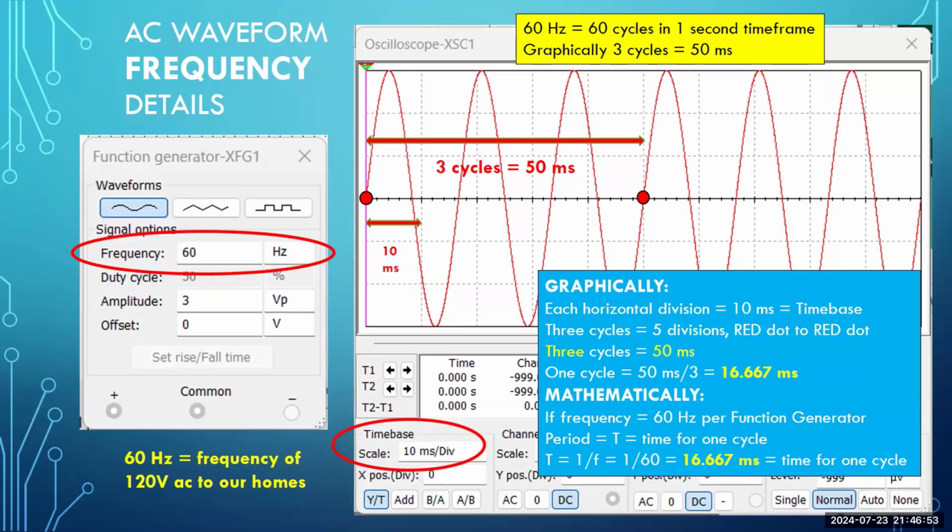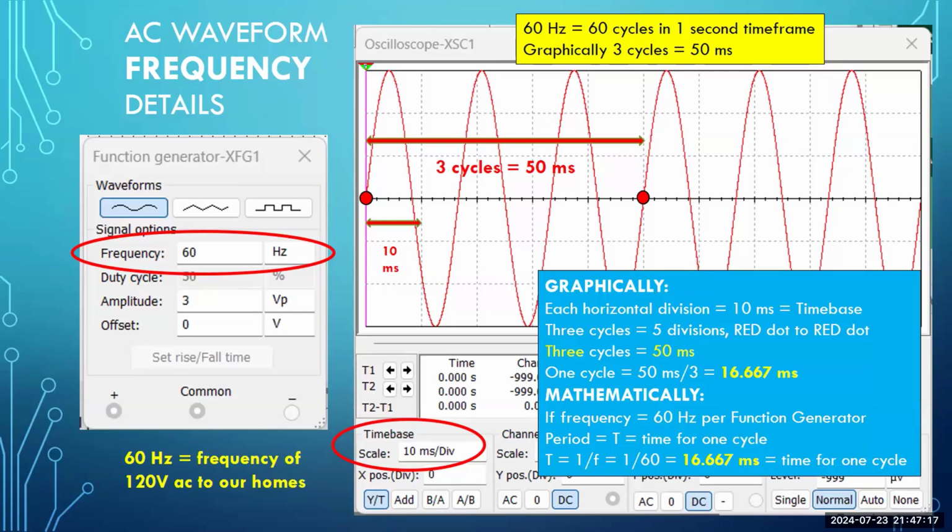So graphically, let's analyze this. Each horizontal division is 10 milliseconds. How do we know that? Well, the time base of our oscilloscope display has changed now. Previously, we had it set to 100 milliseconds per division. Here, in order to get a good display, I happen to have 10 milliseconds per division. Okay.